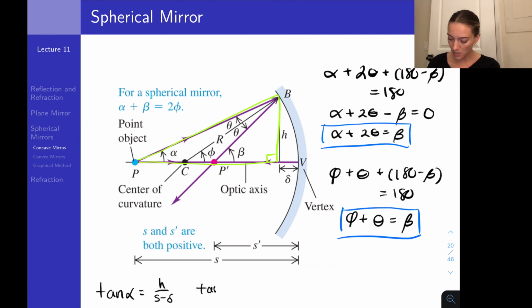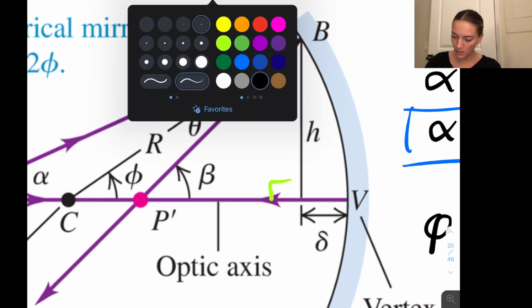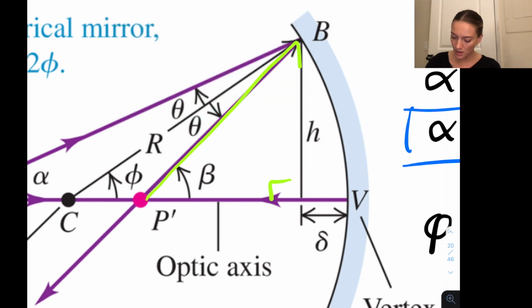Now I'm going to do tan beta. So tan beta, I can do the same thing. Look at this triangle instead. Oops. So now I want to look at this triangle.